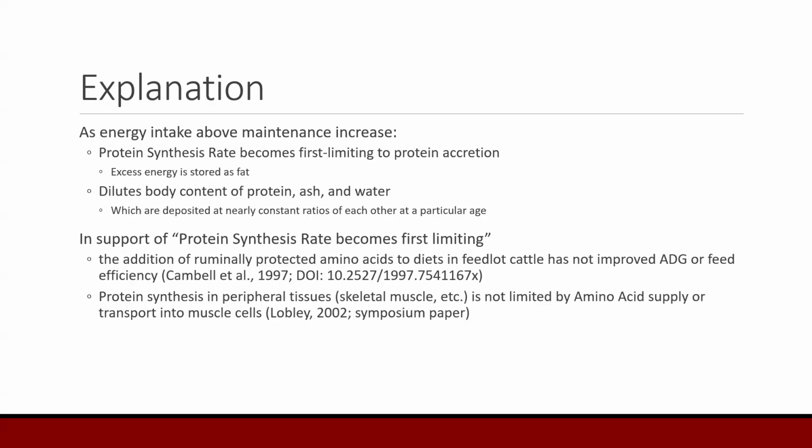Okay, it's limited by some physiological mechanism that puts a cap on protein synthesis rate. Okay, does that make sense? Does anybody have any questions? What that physiological mechanism is, I don't know. I don't know if we do know.